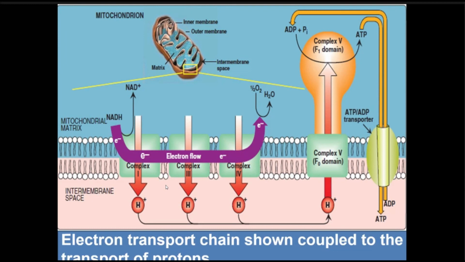That's why the energy is less in FAD than NAD. I repeat, NAD produces 3 ATP because it goes through complex 1, 2, 3, 4. FAD produces 2 ATP because it misses complex 2.